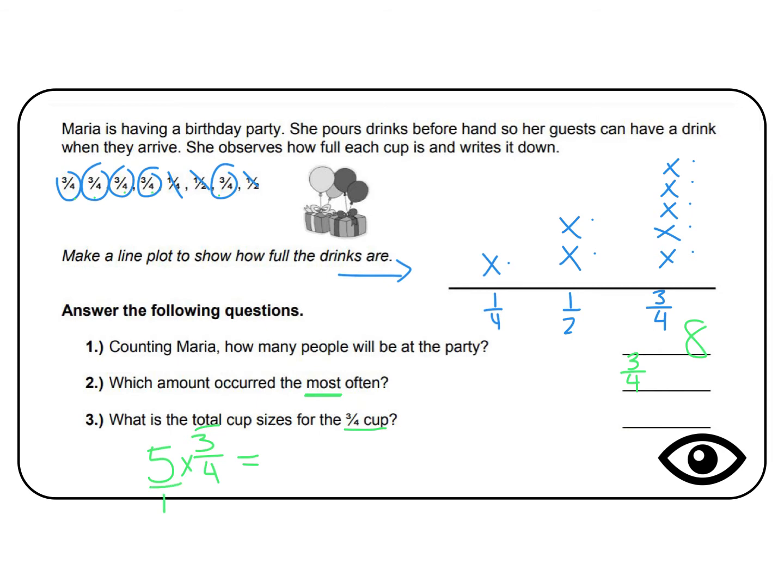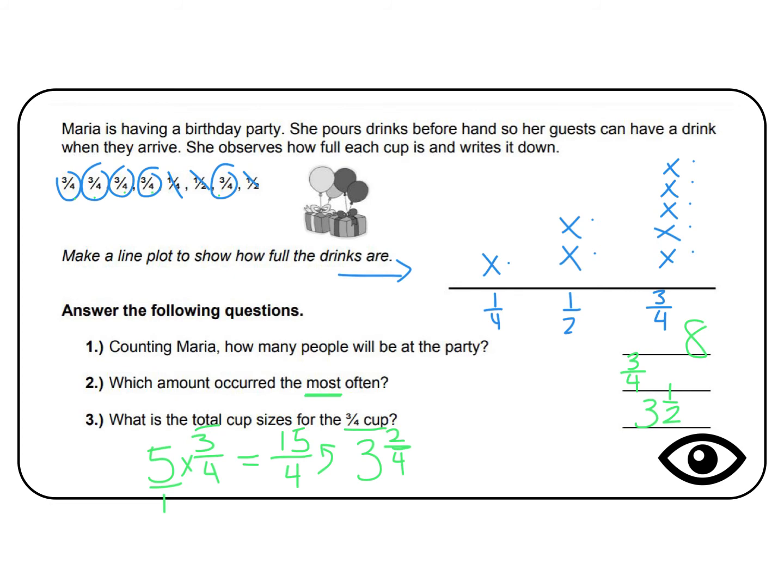Remember that we would go straight across the top and straight across the bottom. 5 times 3 is 15 over 4, and 4 goes into 15 3 times, and 3 times 4 is 12, 13, 14, so we have 3/4 left over, which we can simplify down to 3 1/2. So those are the kind of questions we're going to be answering today, using information we pull out of our chart.